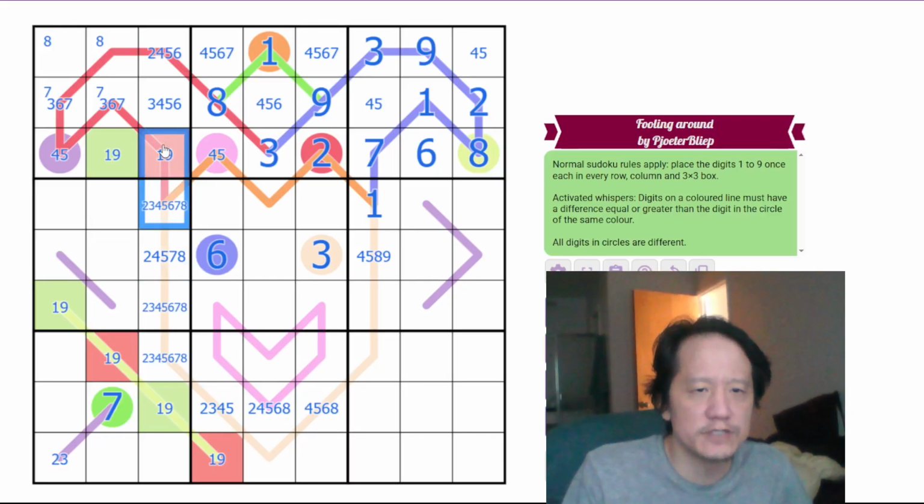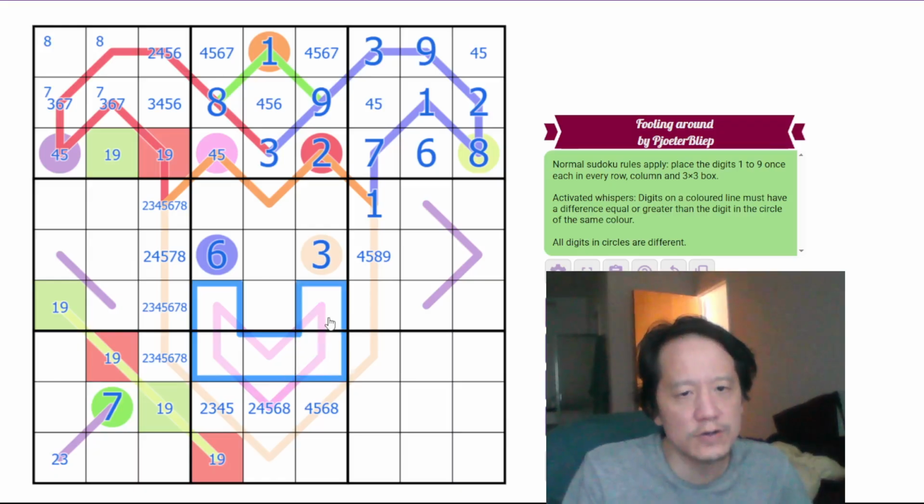This red has to be, well, it could still be 2 and 8 on the opposite end here. So we don't actually know what that is. 1 with 4, 5, 8, 9, that's fine.